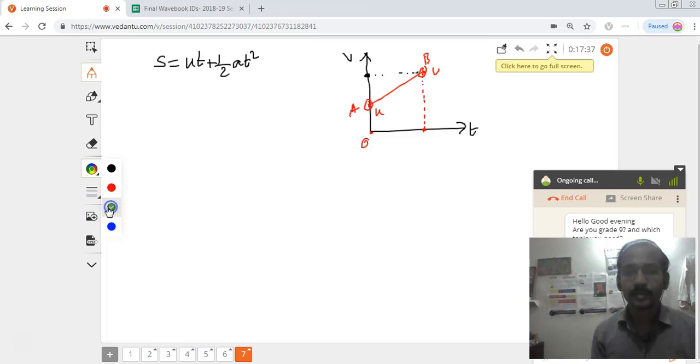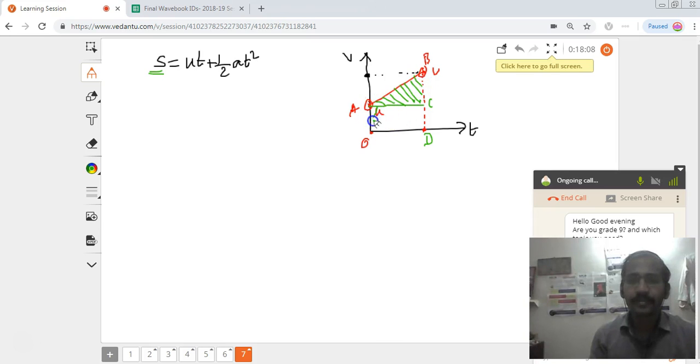Now we need to calculate the distance s between A and B. That's right, the s we have to calculate. Now draw a line perpendicular to this line, and name the points C and D. Clear? Now the distance traveled by the object, s, is equal to the area covered by triangle ABC and rectangle OACD.